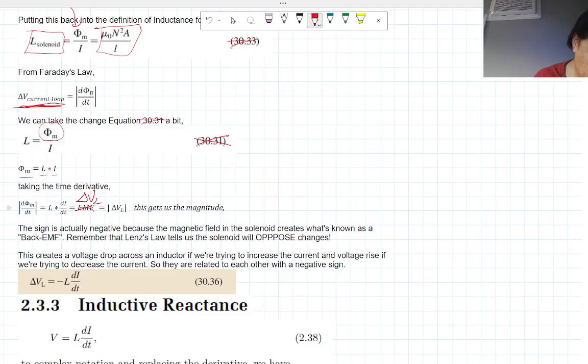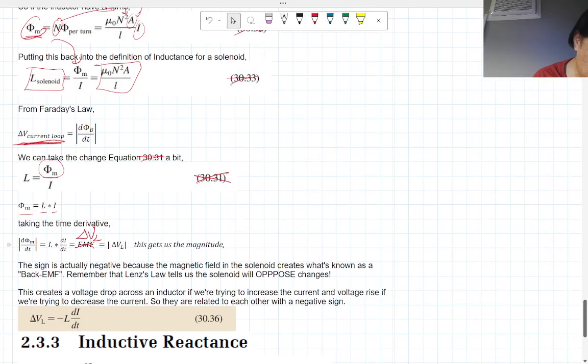Okay, so the only thing in this equation that depends on time is this current. So if we take the time derivative of both sides, the inductance stays the same because that's just the physical dimension and the number of loops and maybe the ferromagnet, the material that has a high magnetic susceptibility in it.